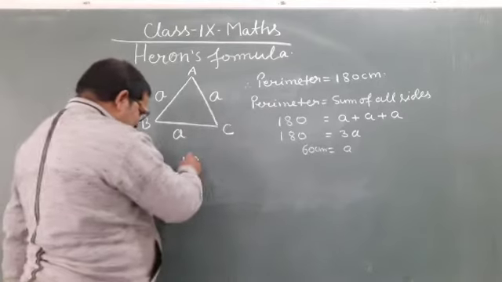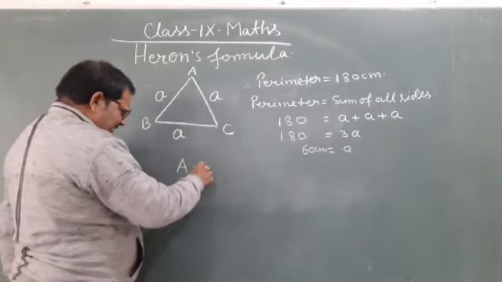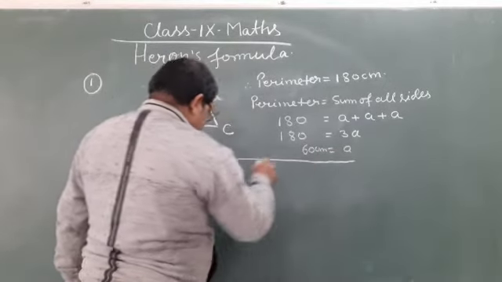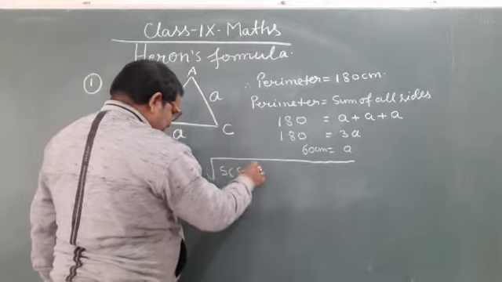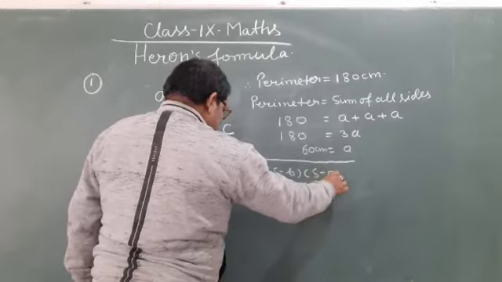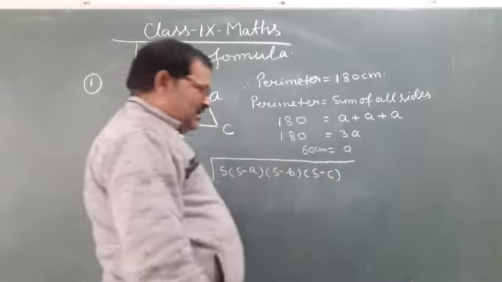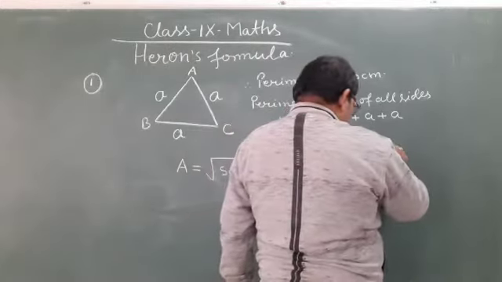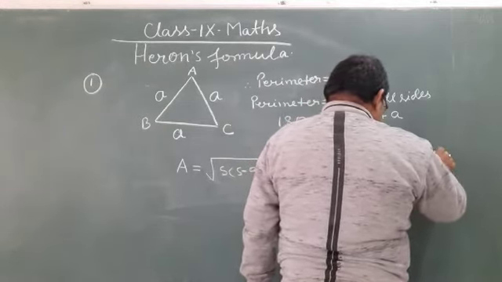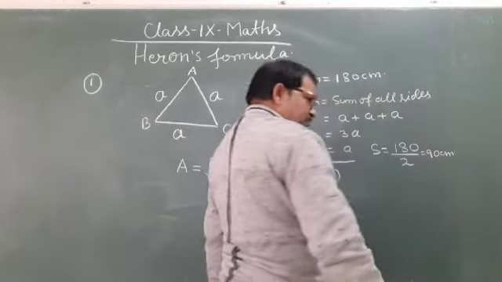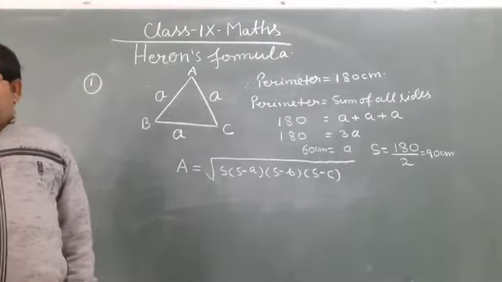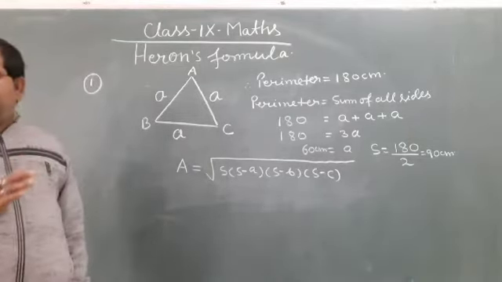So find the area of the triangle, under root S into S minus A, S minus B, S minus C. Clear है? And S is equal to 180 by 2 equal to 90 centimeter. So put the value of S, A, B and C in the given formula.